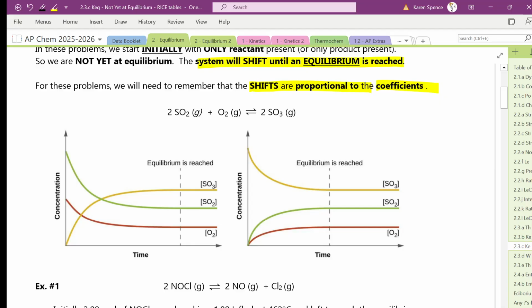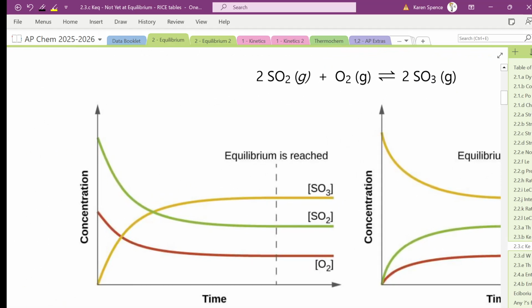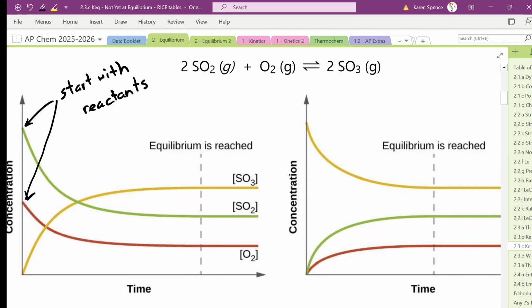Okay, so here is a system where we start with reactants only. And you'll notice that we get to some final concentrations, yes?